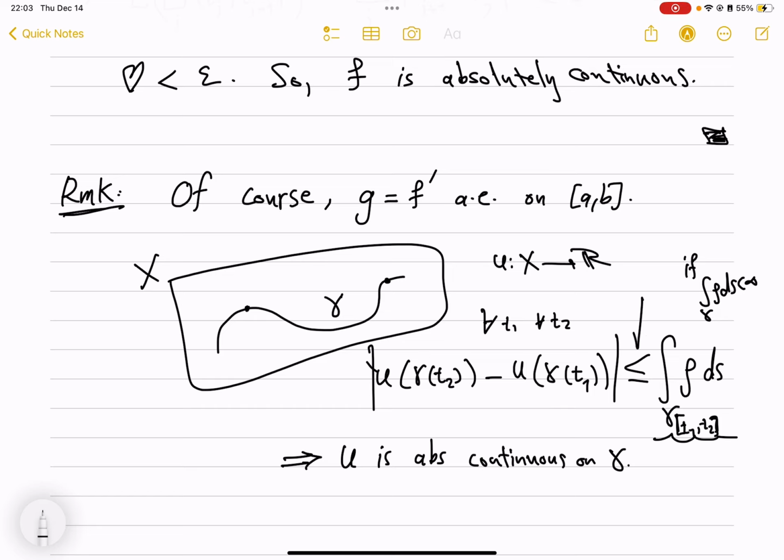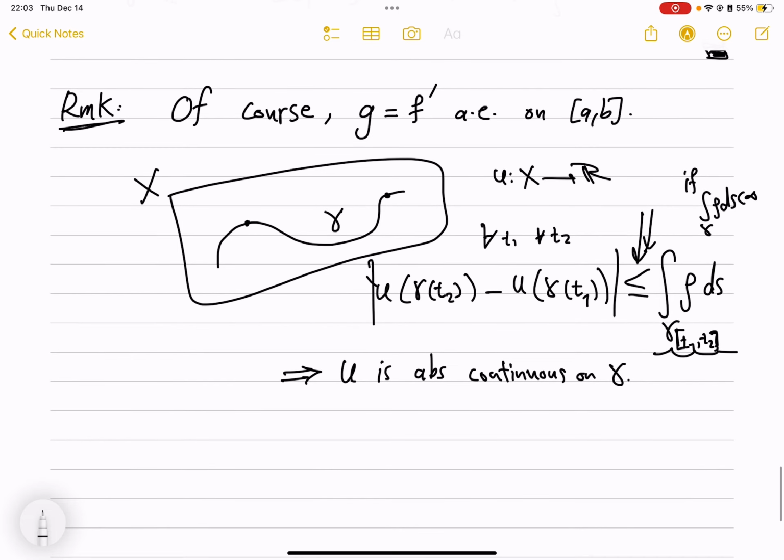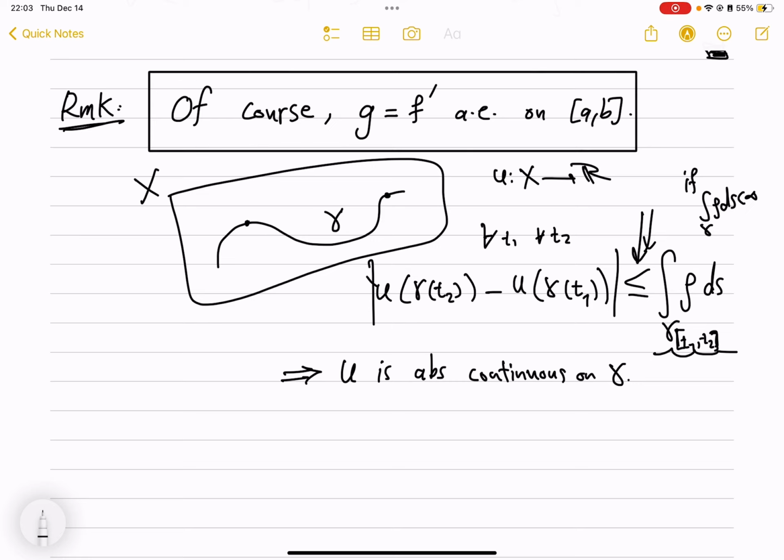So the inequality here is sufficient, and that's why this characterization of absolute continuity is quite effective, although at the end of the day it ends up for this g just being the derivative.